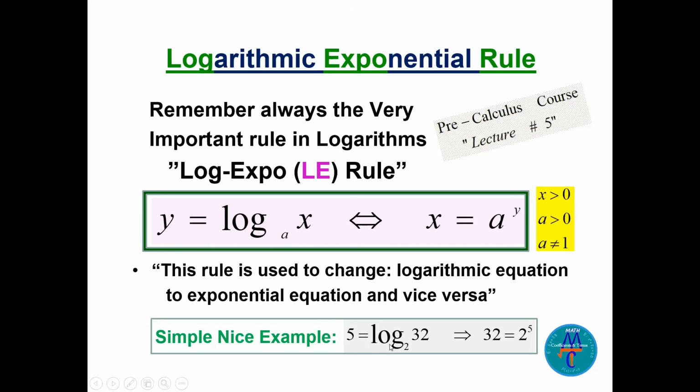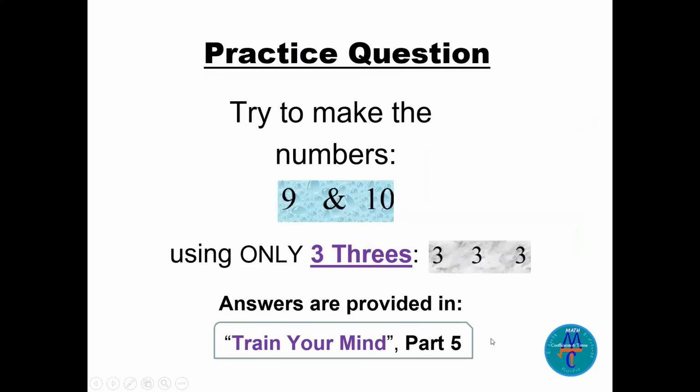This is a simple example here. 5 equals log base 2 of 32. So we can write it directly. 32 is equal to 2 to the power 5, which is correct. Multiply 2 5 times, you will get 32.